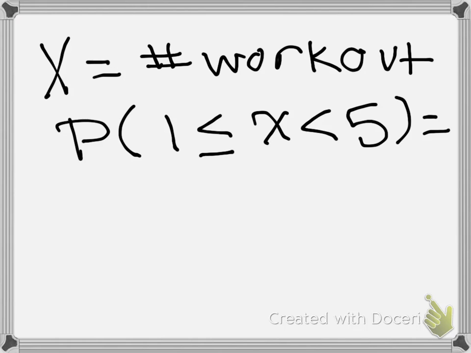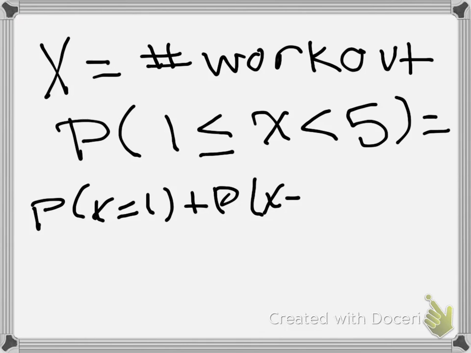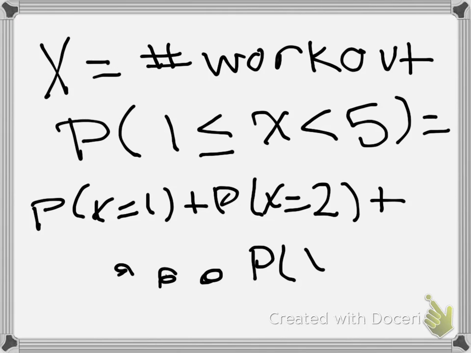How we want to go about that is just adding up the probability of X is equal to 1, plus the probability that X is equal to 2, plus the probability that X is equal to 3, plus the probability that X is equal to 4. Why did I not include 5?